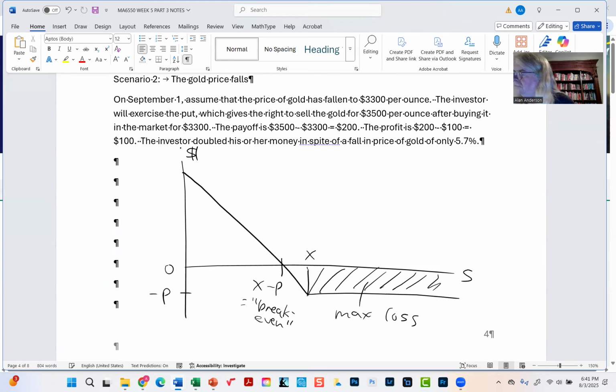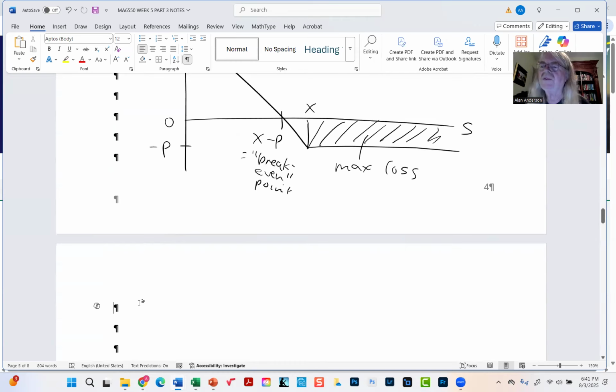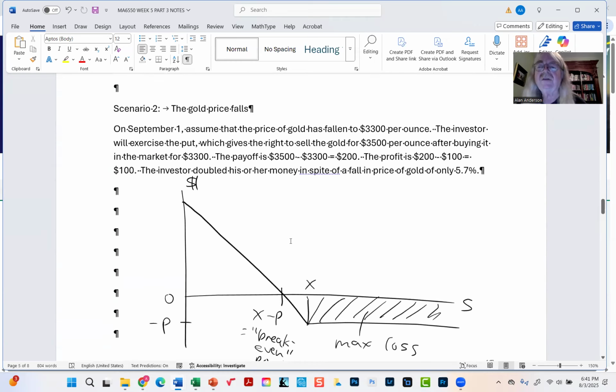Now I do want to mention there is one way in which, and by the way, if you look at these side by side, let me see if I can show them both together at once. I just want you to be able to visually see how they're related to each other. You're just flipping it from left to right. It's the same thing reversed from left to right. So in other words, one is a mirror image of the other.